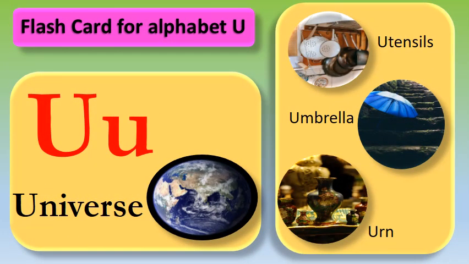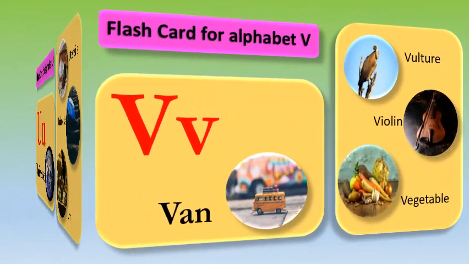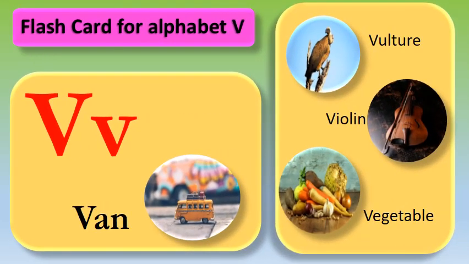Next, U for universe, U for utensils, U for umbrella, U for urn. Next, V for van, V for vulture, V for violin, V for vegetable.